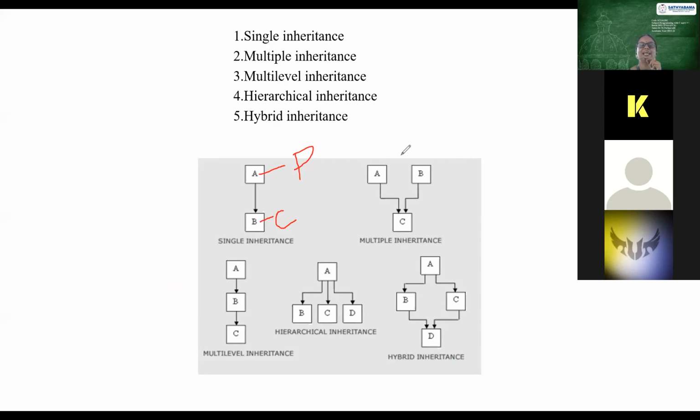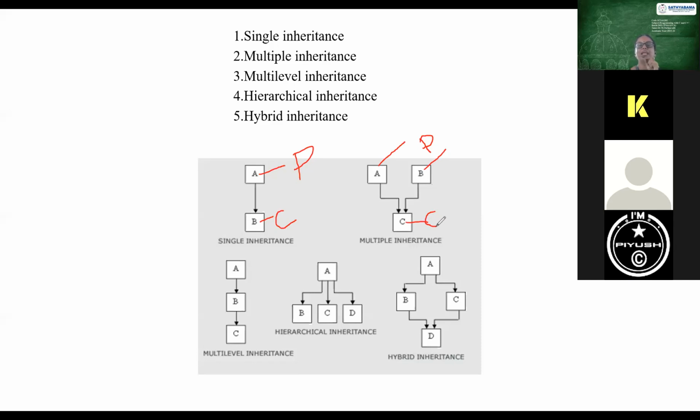What is multiple inheritance? I have two parent classes, A and B, and only one child class. Take down this diagram, then you will understand. There may be two or more parent classes, and from them I can derive only a single child class.